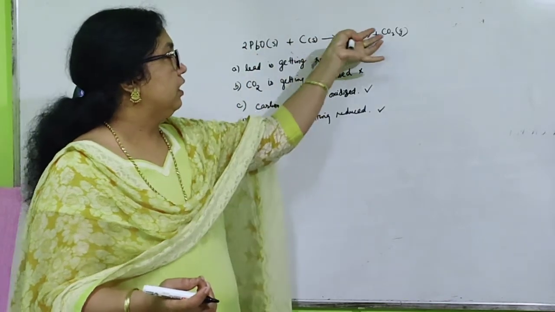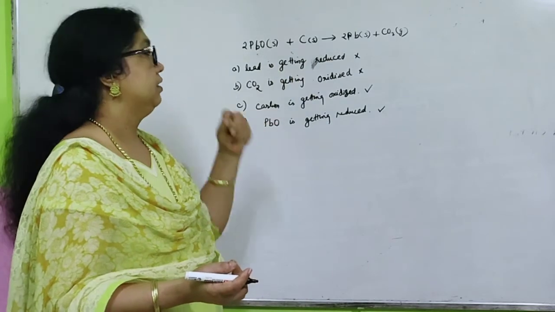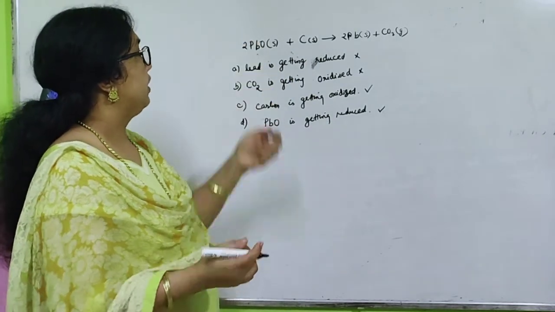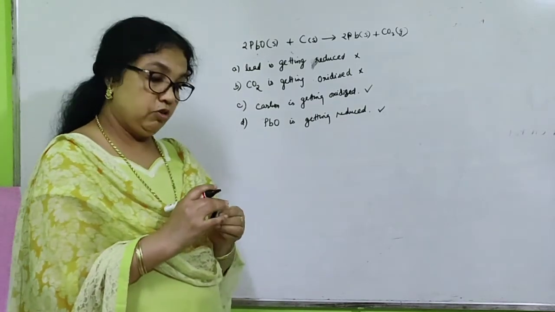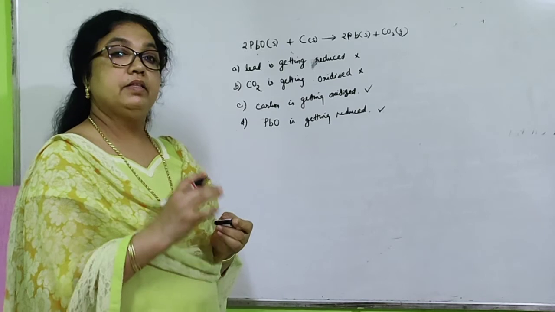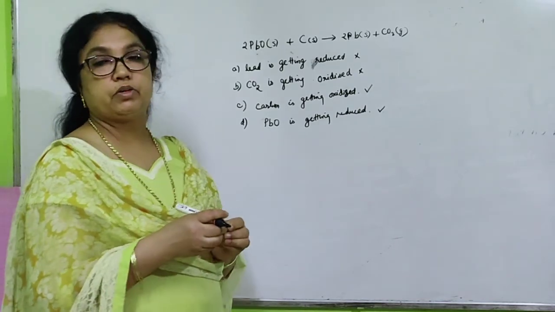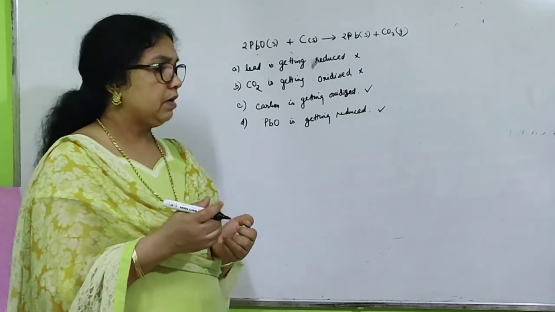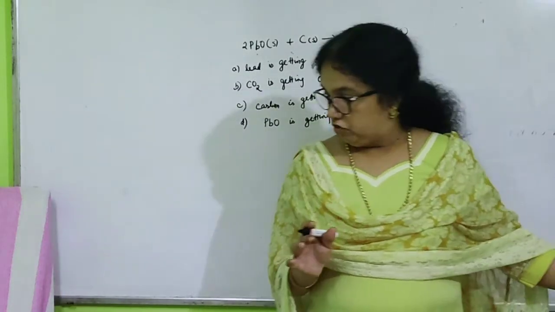First you have to read the question thoroughly, then understand the question, then only read the options. After understanding properly, then read the options, then you can get the answers easily. Any reaction coming like this, you can easily solve it. Now next one.